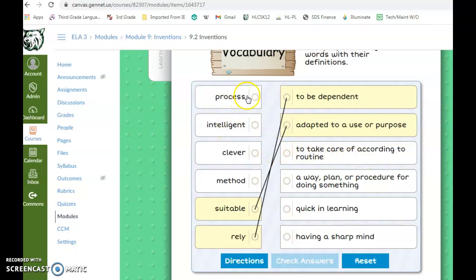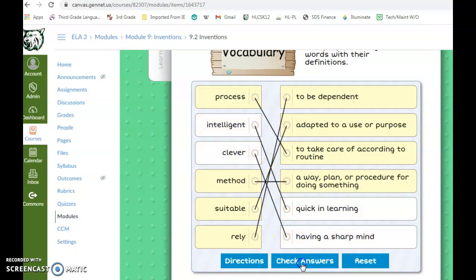So a routine way of doing something is the process. A way, plan, or procedure for doing something is the method. Quick in learning. You are intelligent. And then finally, having a sharp mind is clever.